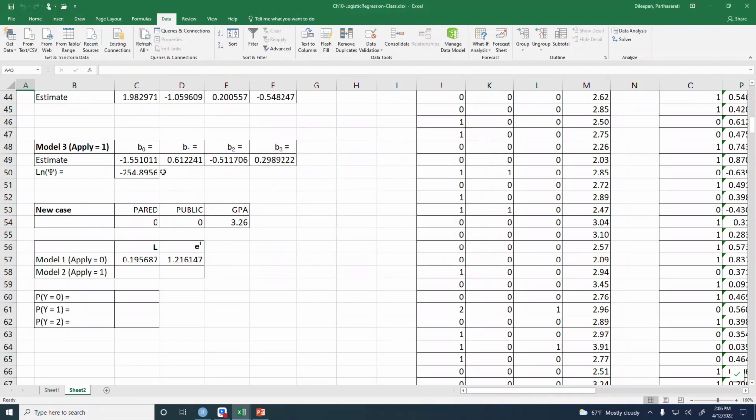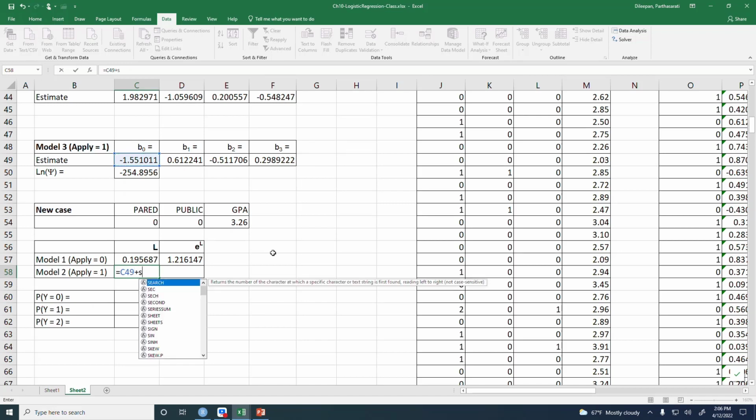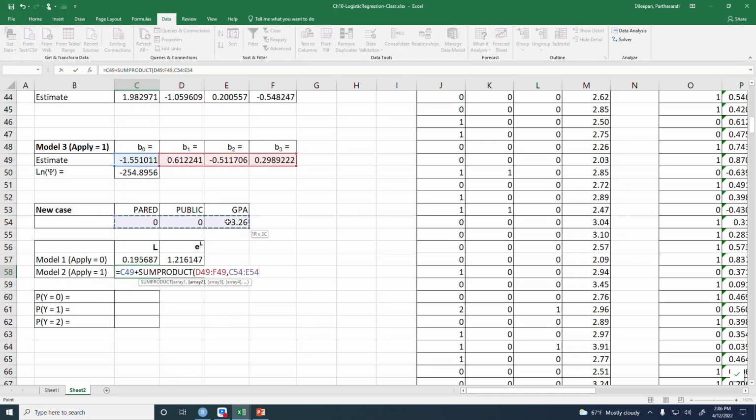Now we have the model 3, apply equal to 1. Again, we find the e to the power of L. So that will be B sub 0 plus the sum product of slope coefficients with these 3.